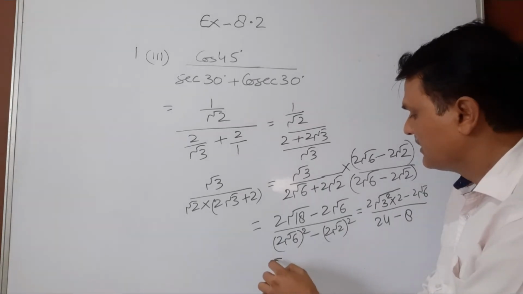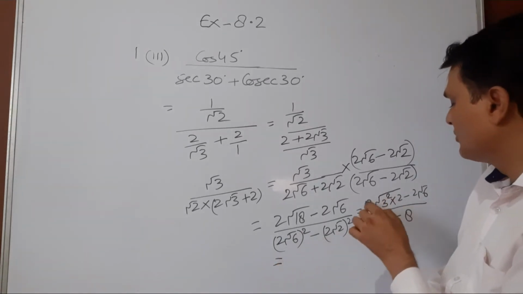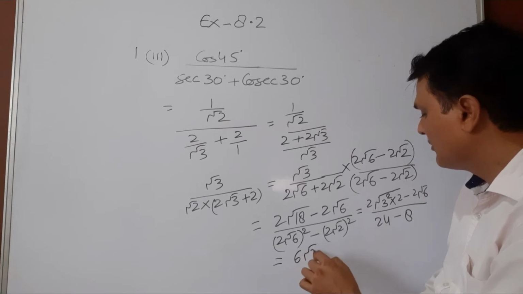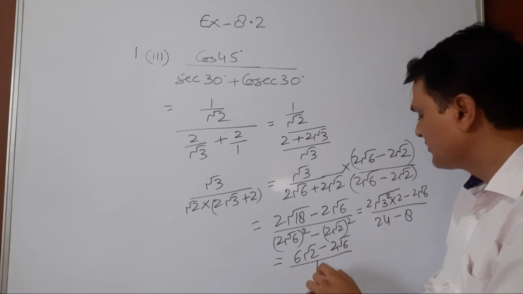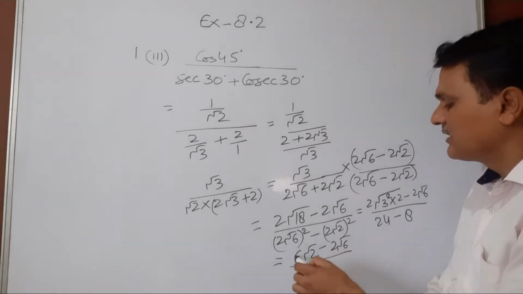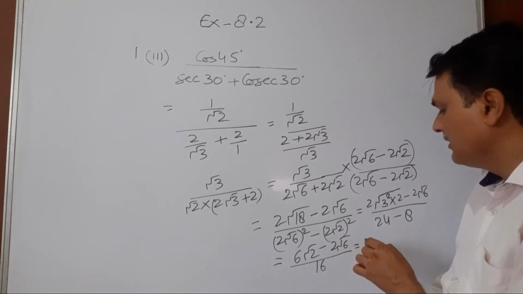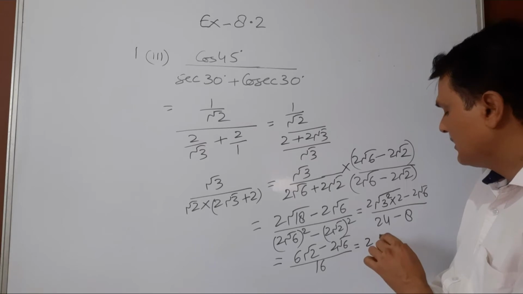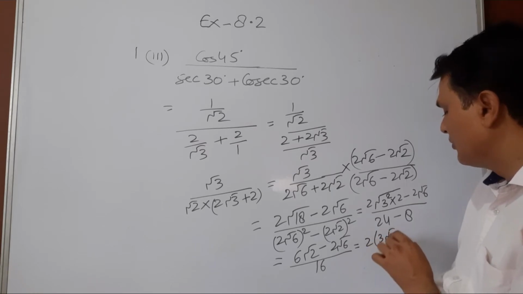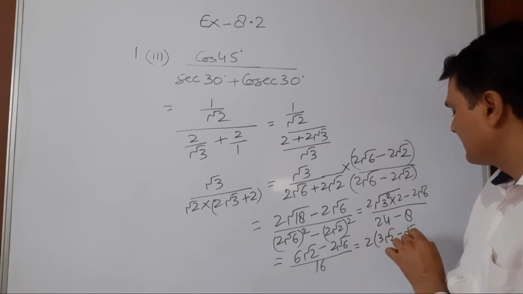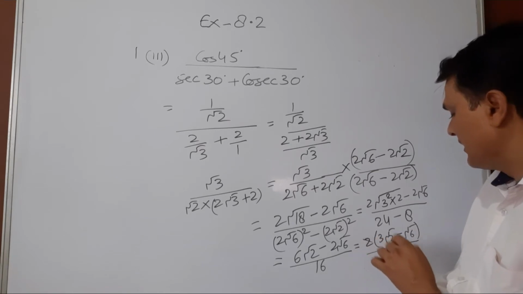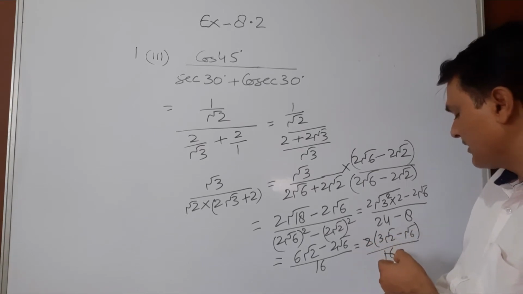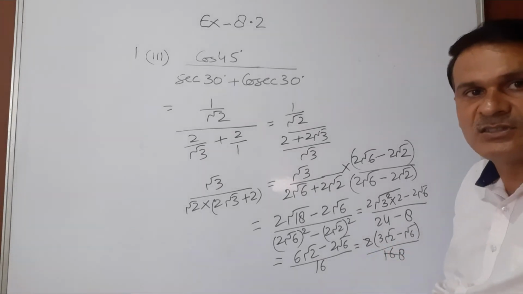Next part is 2 times 3 is 6 root 2 minus 2 root 6 upon 16. Now taking 2 as common, this will be 2 times 3 root 2 minus root 6 upon 16, 2 8s are 16, and 3 root 2 minus root 6 upon 8 is the answer of this part.